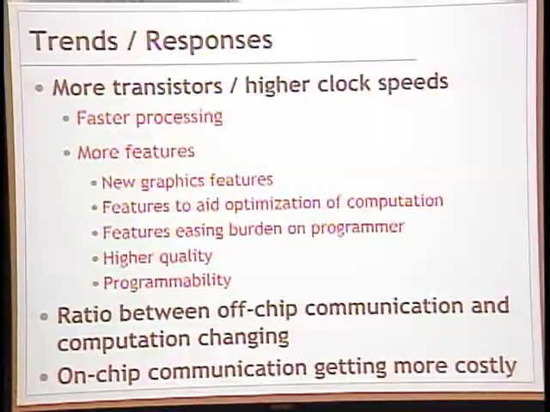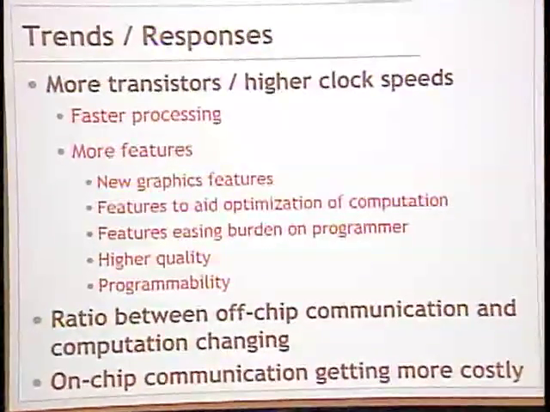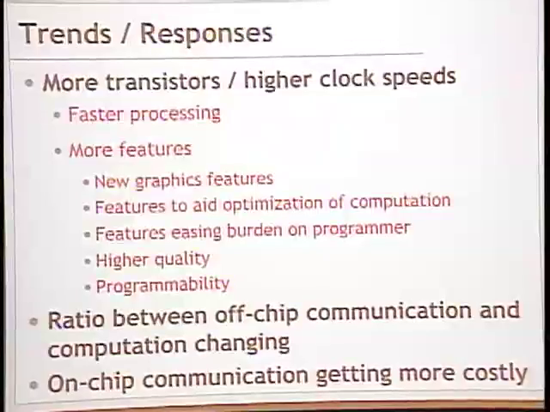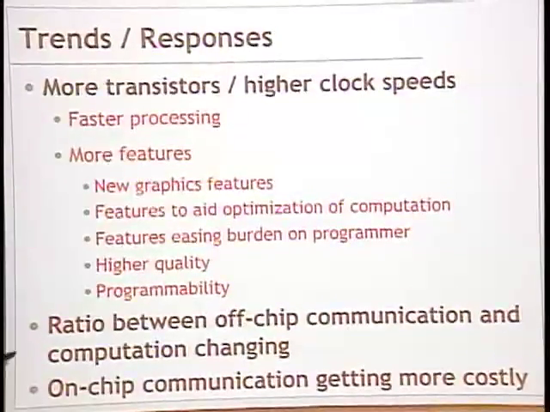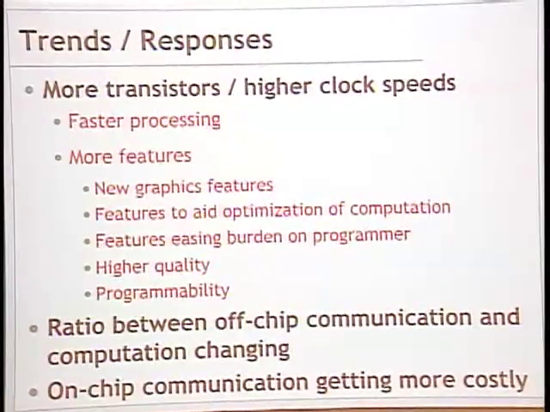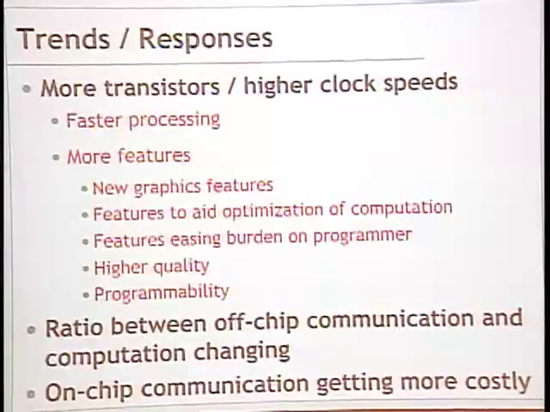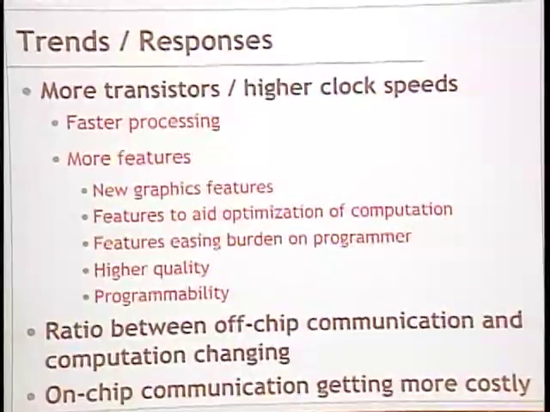Well, we get twice as much stuff to play with every 18 months, and our performance curves are going up 40% a year, which is much more exciting than 0.5% a year. The second thing is, what can we do with this? This is what I want you to think about as we talk about these different stages. We got more stuff to play with. What are we going to do with it? It's going to run faster, but we're also going to think about new features. What can we put in this part of the pipeline so that we can do newer, cooler, better kind of stuff?